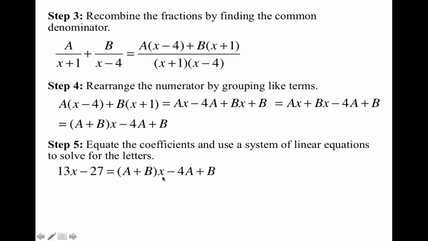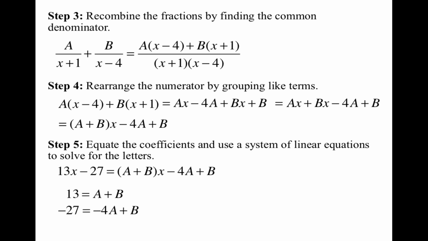Well, the x term has an a plus b. This x term has a 13. So therefore, I can say that a plus b has to equal 13. And then the minus 4a plus b, that's just some constant. Well, that has to equal my other constant over here, negative 27. So here are my two equations.